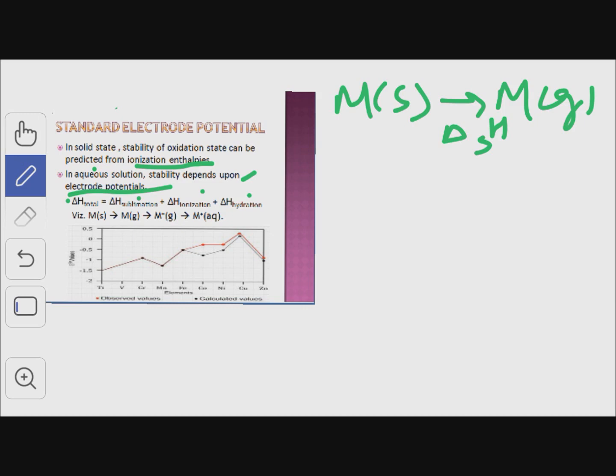And when this gaseous atom gets converted into its ion form by providing the ionization enthalpy, here it is ionization enthalpy.